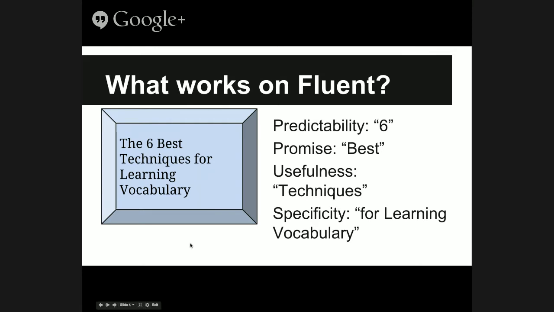In fact, what I can do is I can become a lot more specific in this article. I could have gone further. I could have made it an article about the 6 best techniques for learning English vocabulary, the 6 best techniques for learning German vocabulary, the 6 best techniques for learning vocabulary for your travel, etc.